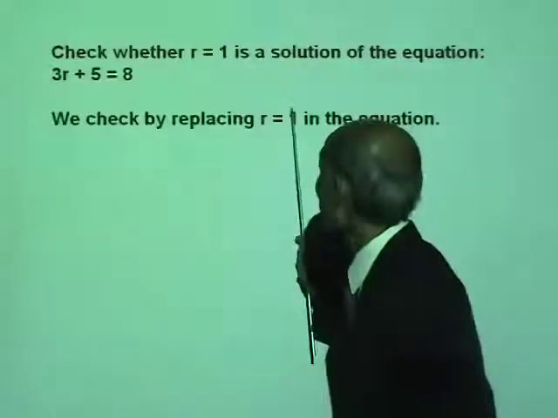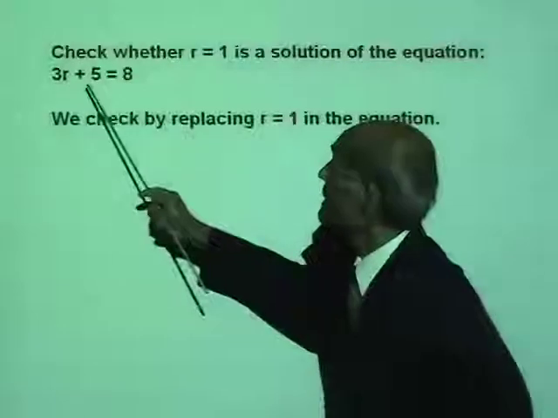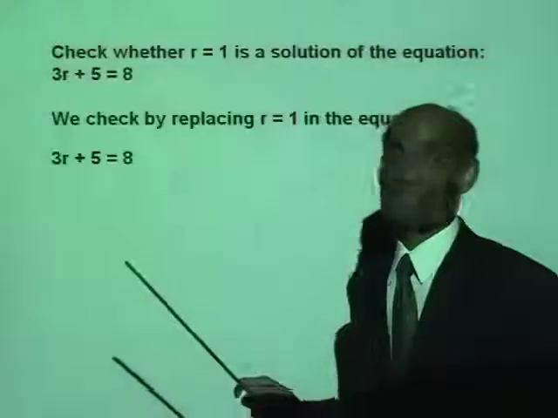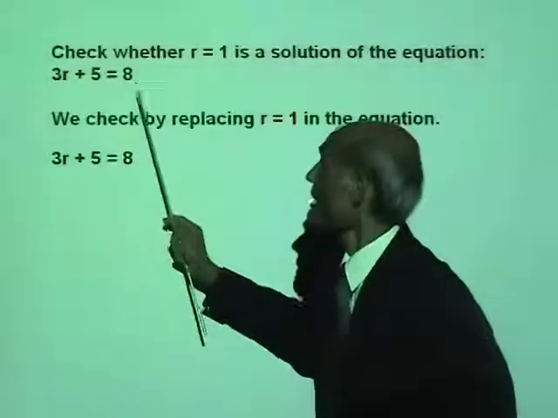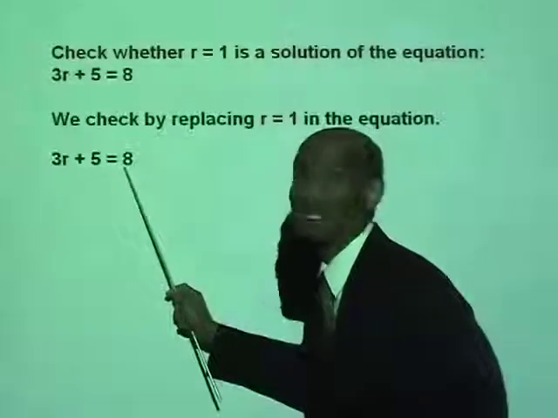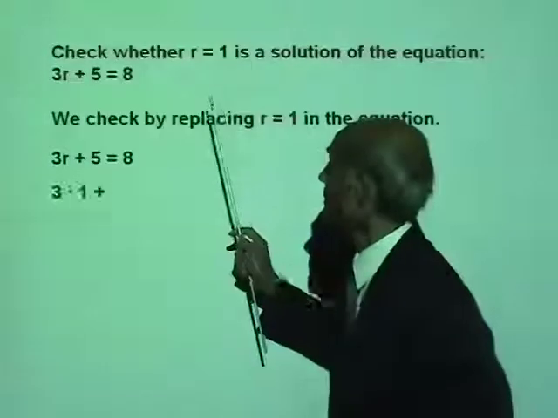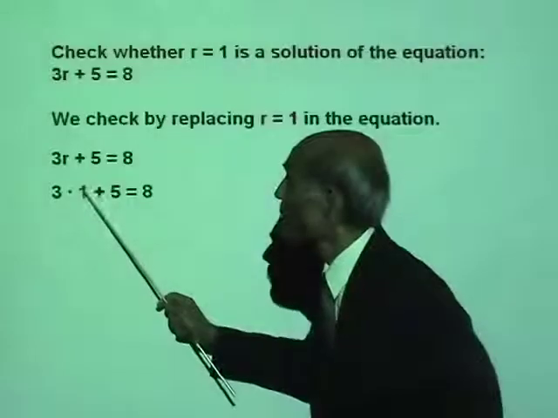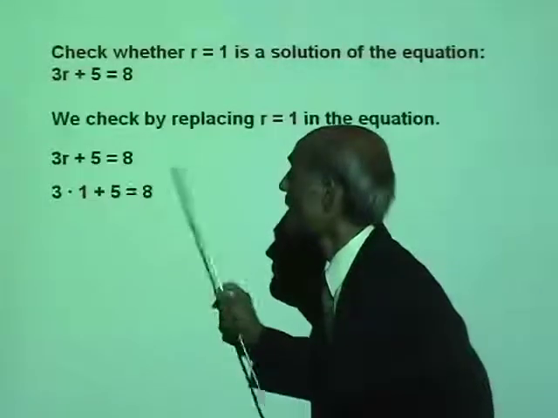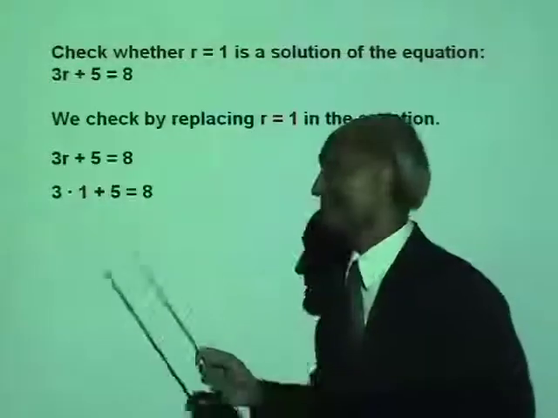We check by replacing r equal to 1 in the equation. So 3r plus 5 equal to 8. That's our equation. Replace r by 1. It becomes 3 times 1 plus 5 equal to 8. Alright?